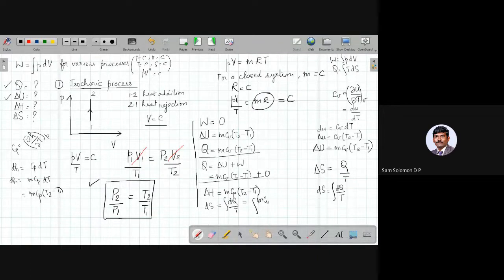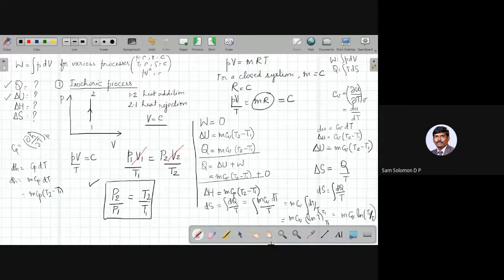So this is mCv into dT by T, and this mCv is a constant which can be taken out, which is integral of dT by T. So that is ln of T, mCv into ln of T between the limits T1 and T2. So it is mCv into ln of T2 by T1.